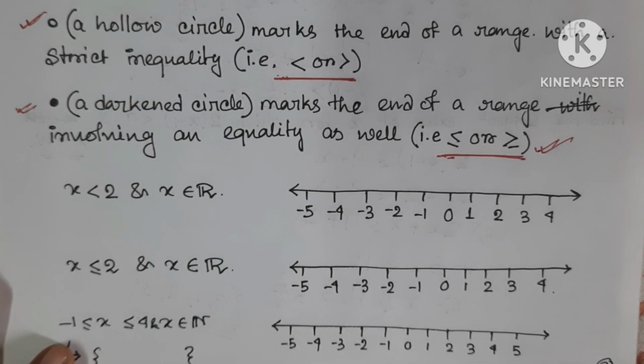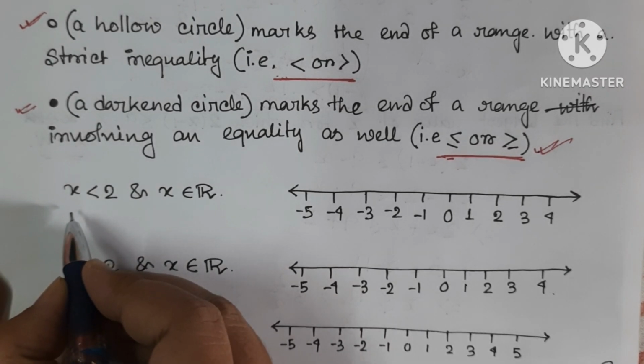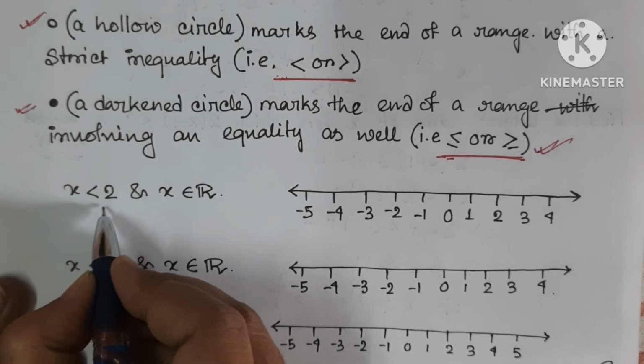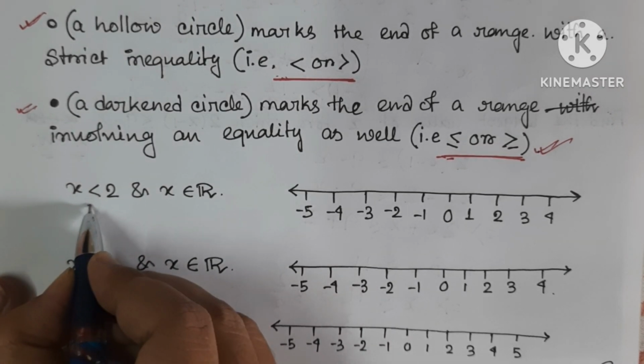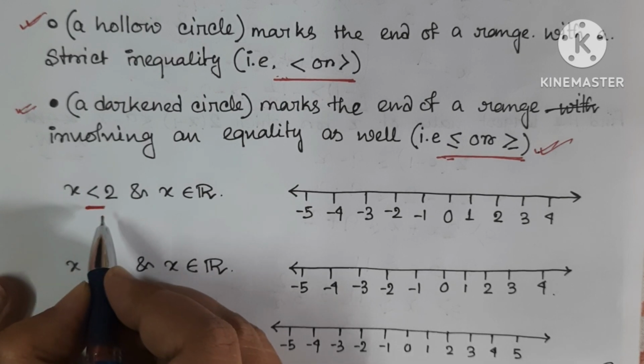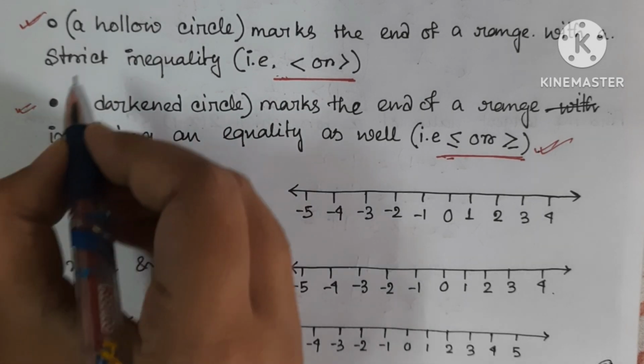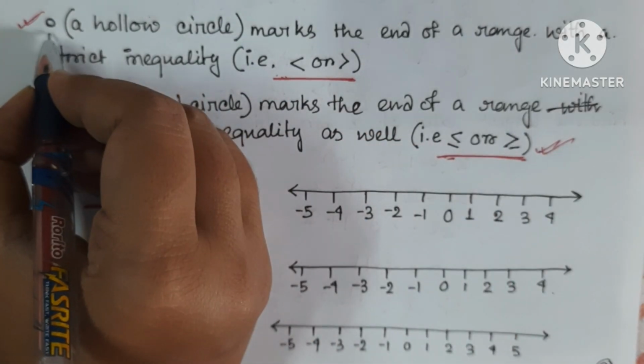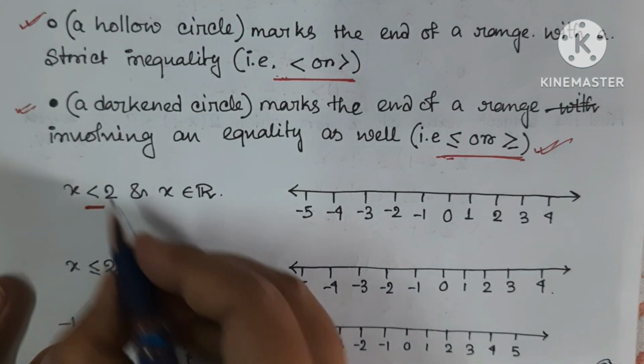See, x here is strictly less than 2, and I have told you that in case of strictly less than 2 you have to use this hollow circle at the end.